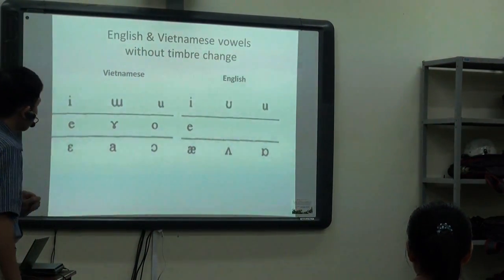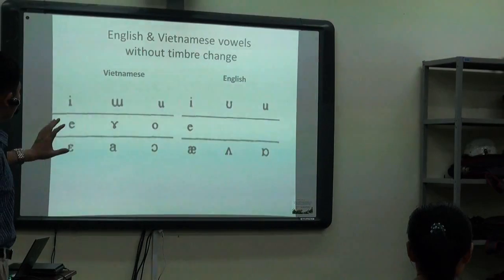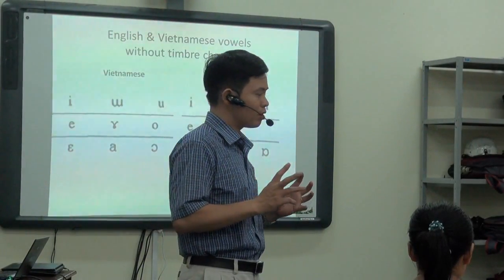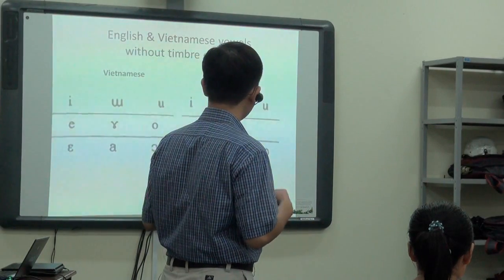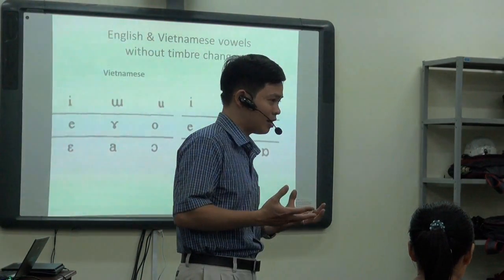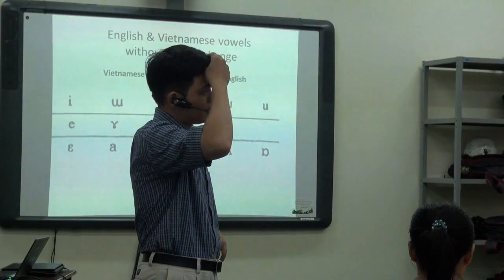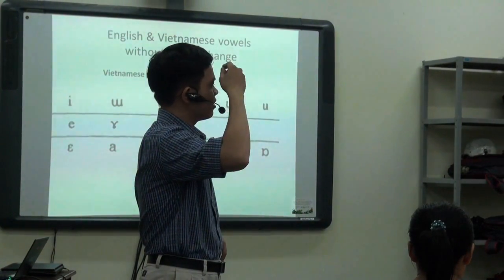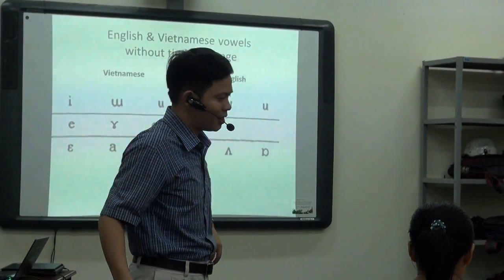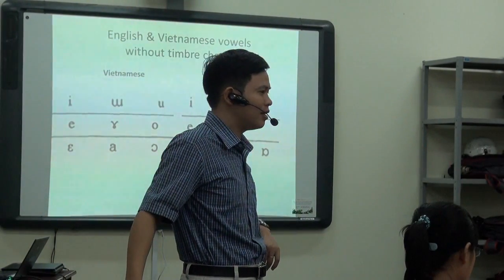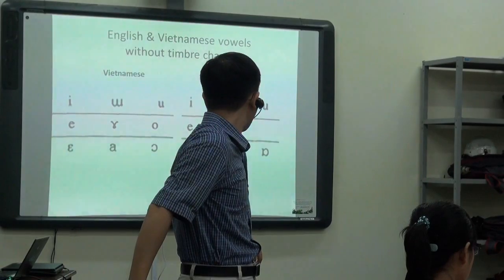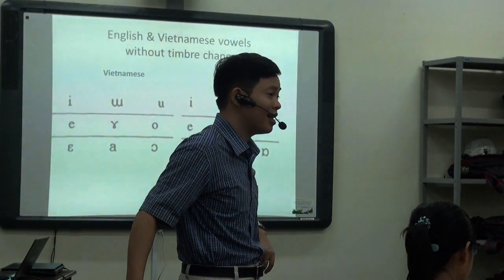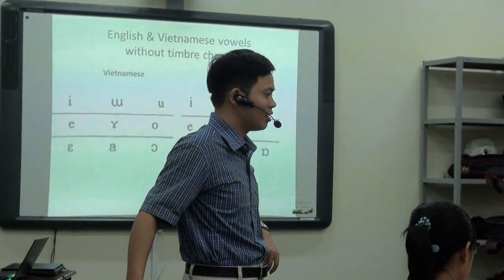Now, in both languages, we have vowels that do not change the timbre. Timbre means the sound quality. I mean, it never changes, it will not be assimilated in the syllable.